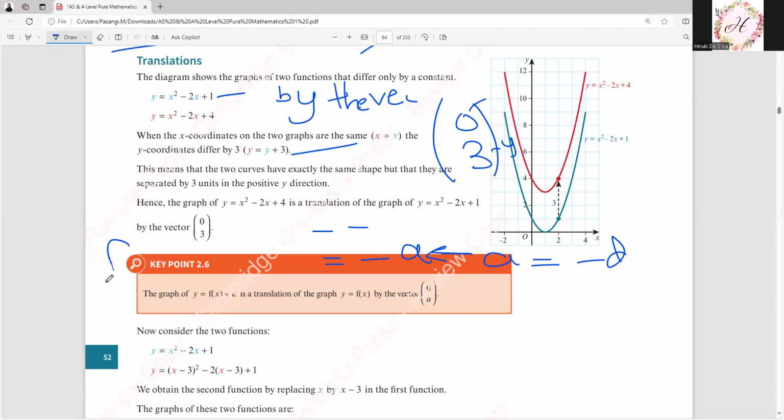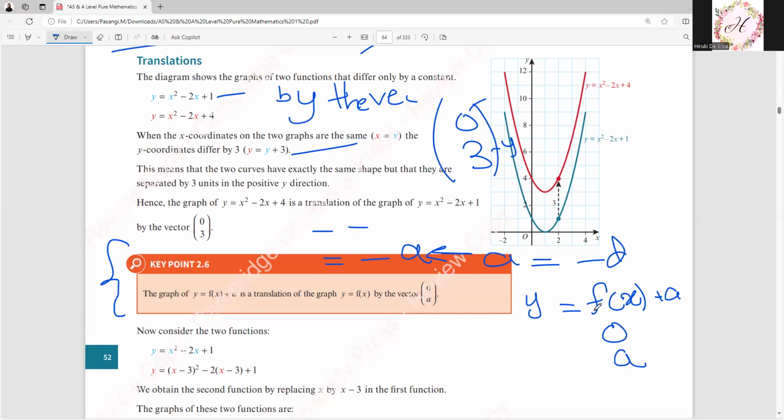So the key point is: the graph of y equals f(x) plus a is a translation of the graph y equals f(x) by the vector (0, a).